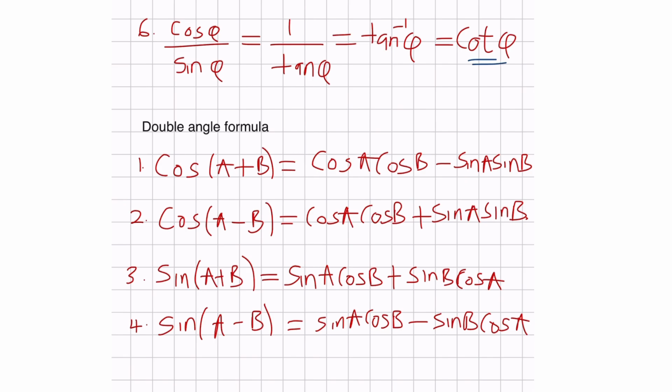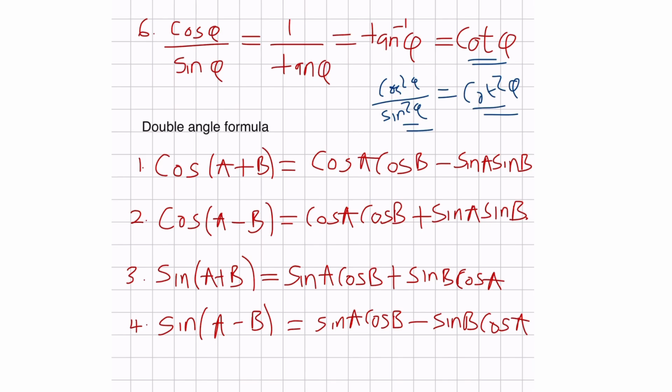That is why you saw us previously saying cos squared theta over sine squared theta is equal to cot squared theta. This is a standard identity that we've got to keep at the back of our minds.